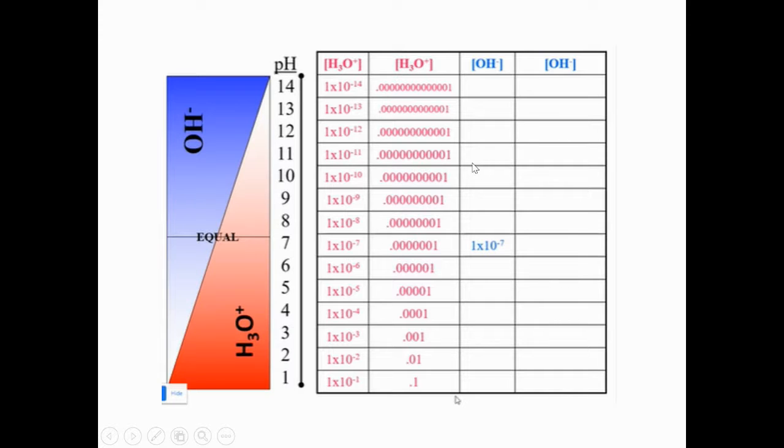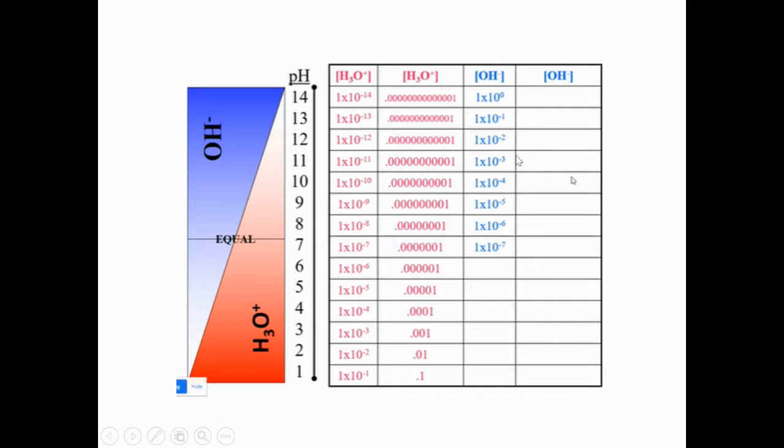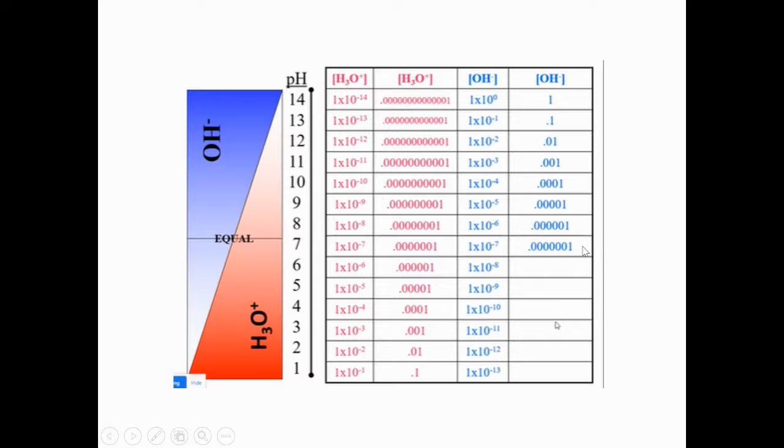So now let's look at the OH concentration. As pH goes up, 10 to the minus 7th, 10 to the minus 4th, 1 times 10 to the 0, that OH concentration is increasing. So again, if we look at the regular numbers, you can see that that OH concentration is increasing.